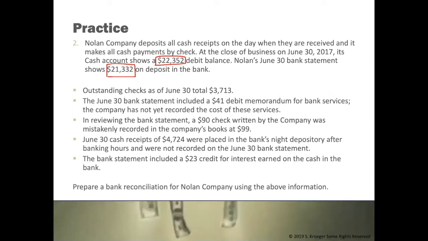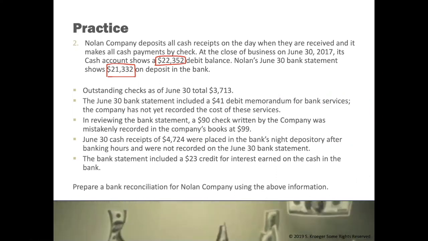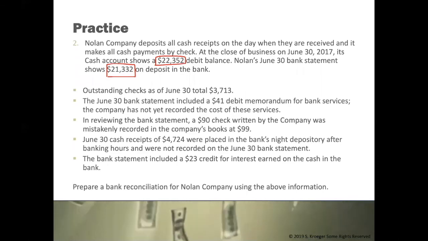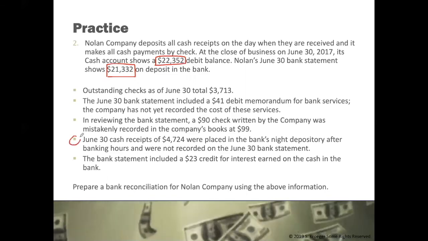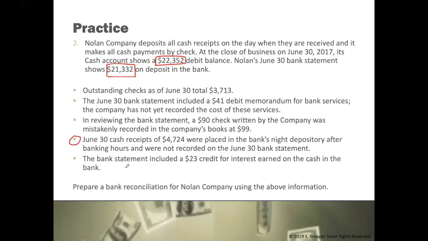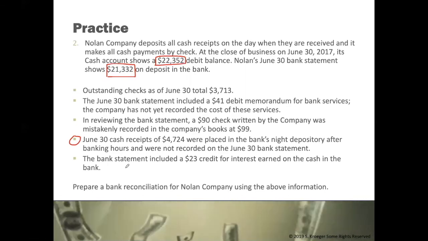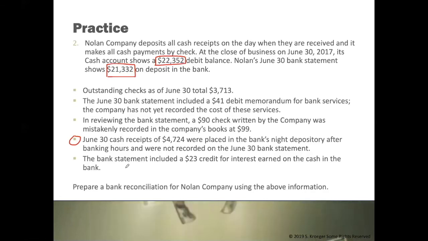Let's take a look to see if we can find these items. First, we need to add any deposits in transit. Read through these items and see if you can find that. The deposits in transit are right here. On June 30th, cash receipts of $47.24 were placed in the bank's night depository after banking hours and were not recorded on the June 30th bank statement.